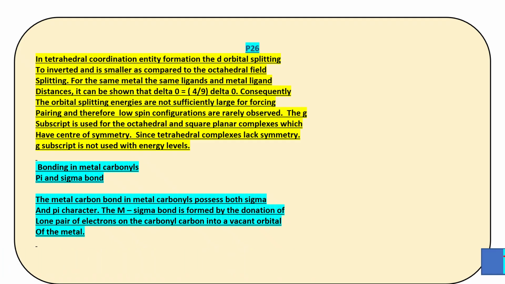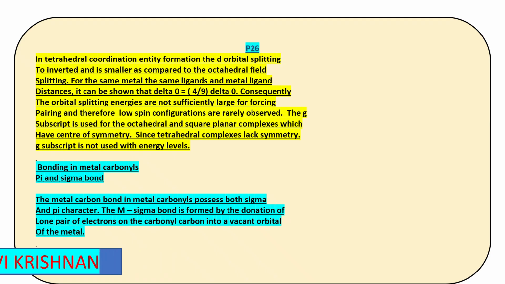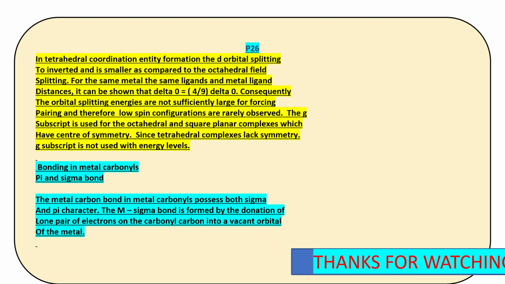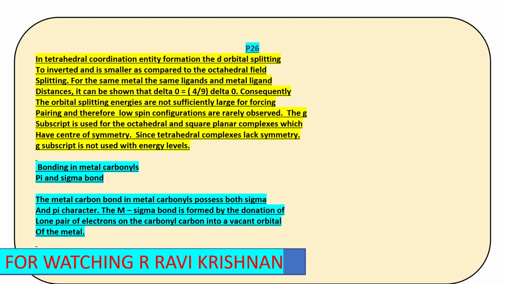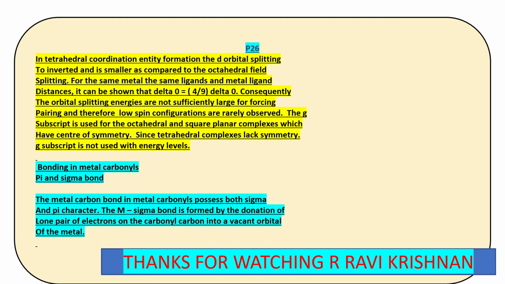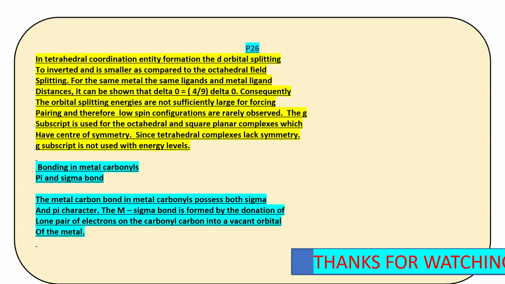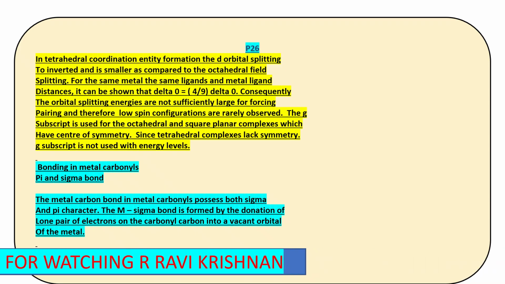Bonding in metal carbonyls, pi and sigma bond. The metal-carbon bond in metal carbonyls possesses both sigma and pi character. The metal-carbon sigma bond is formed by the donation of a lone pair of electrons on the carbonyl carbon into a vacant orbital of the metal.